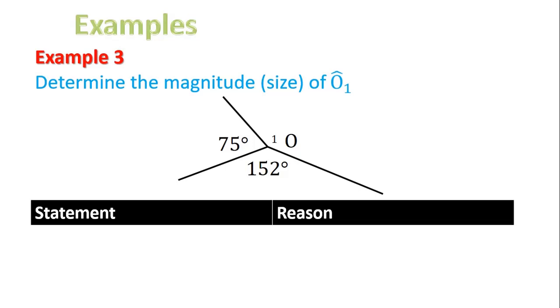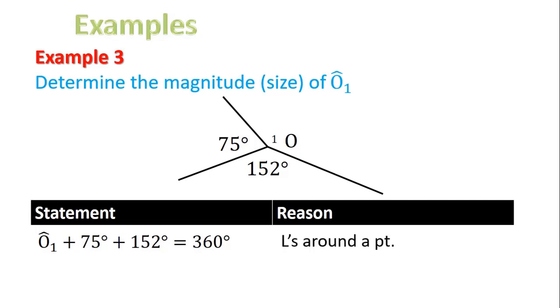In other words, if I add O1 plus 75 plus 152, that must equal 360 degrees. If I add all the angles, it must come to 360 degrees. My reason? Angles around a point.